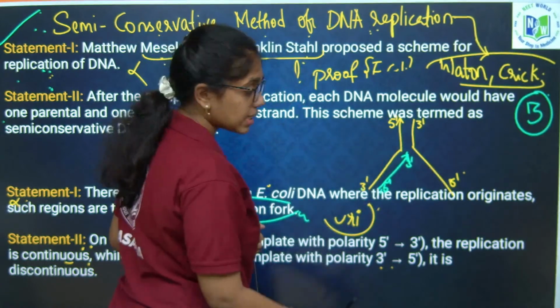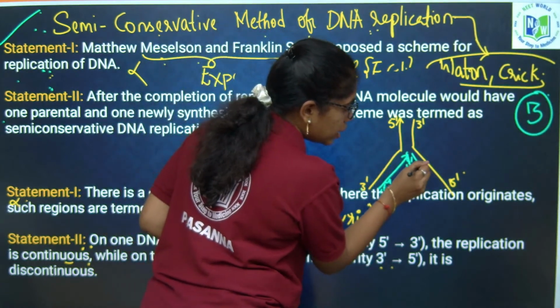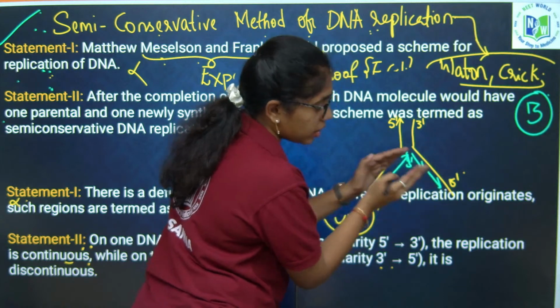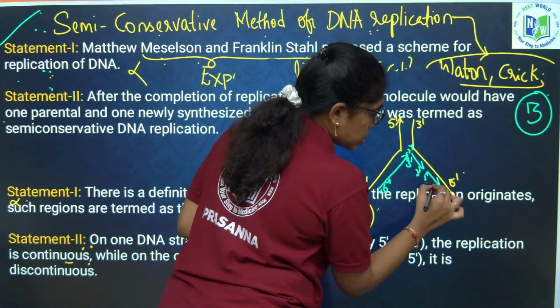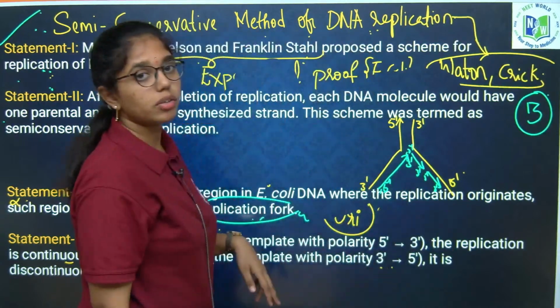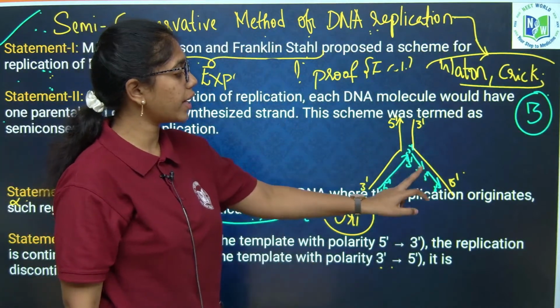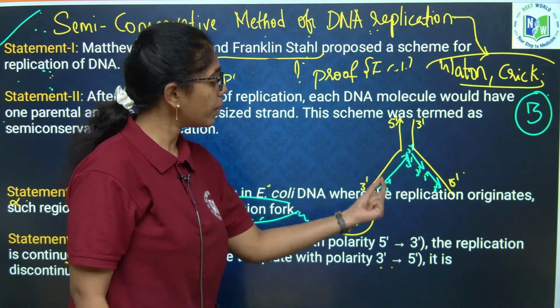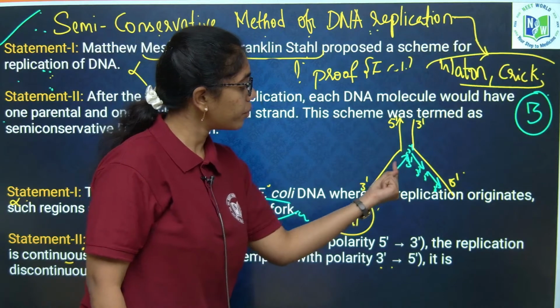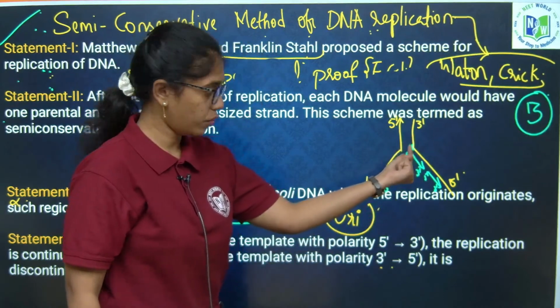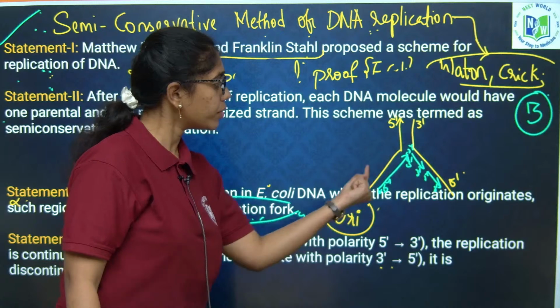Now, lagging is against the replication fork, from 5 prime to 3 prime. Synthesis of any strand is from 5 to 3 only. But do remember, the leading or continuous strand is from 5 prime to 3 prime towards the replication fork, so its template is from 3 to 5.